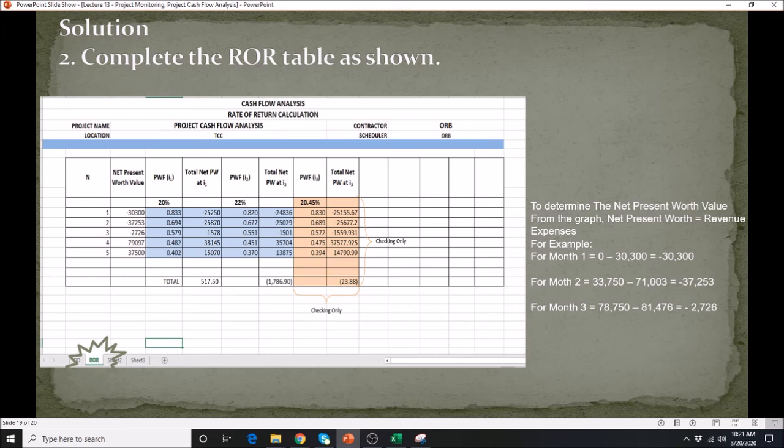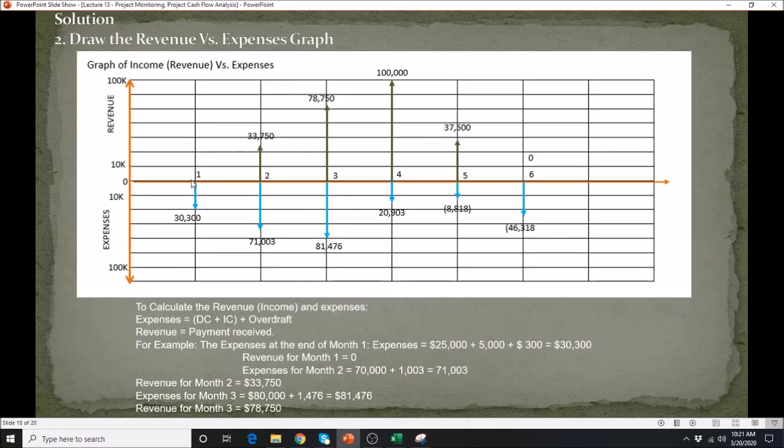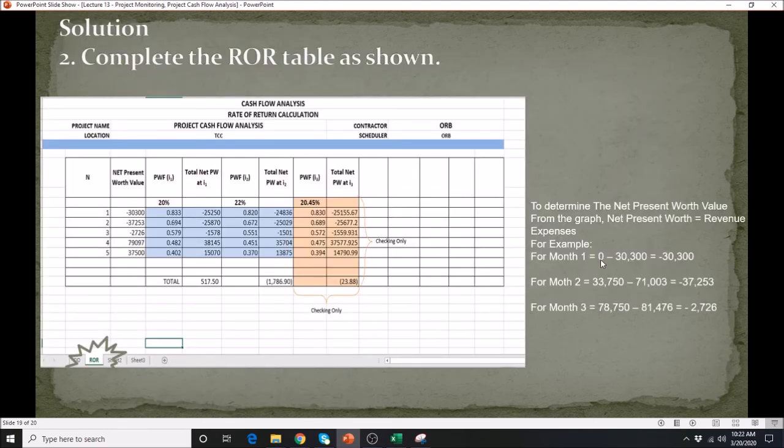To calculate the net worth for the first month, it is simply your revenue minus your expenses. On the first month, your revenue is 0 and your expenses are 30,300. So 0 minus 30,300 is negative 30,300. That's the value you put here.